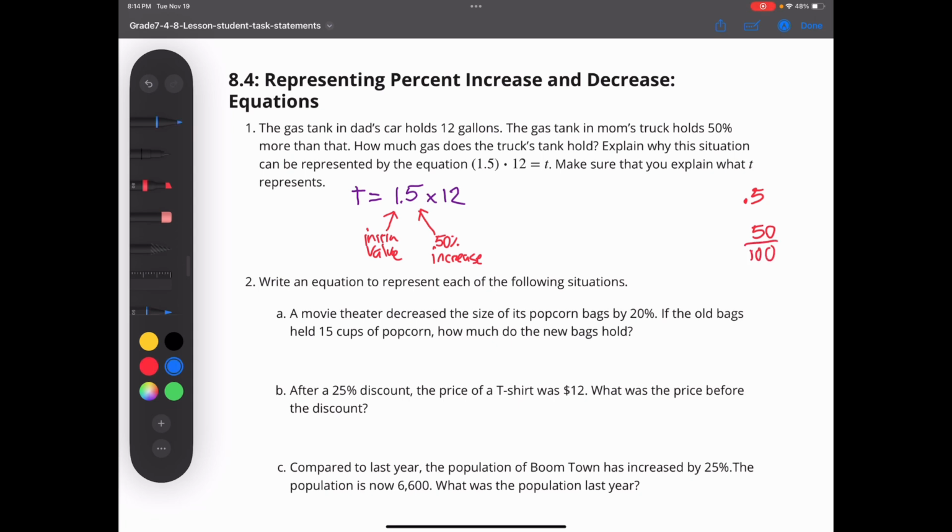And 0.05 is 5 over 100. That's a little bit confusing, but 0.5 is actually 50 because that is in the tenths place. So let's go back to our equation, and the 12, you're multiplying by, that's the amount the car can hold, the amount of gas, the gallons, and finally T is the gallons that the truck can hold.